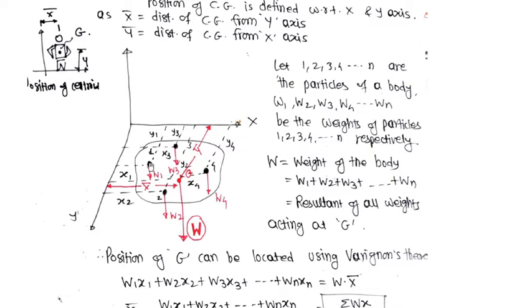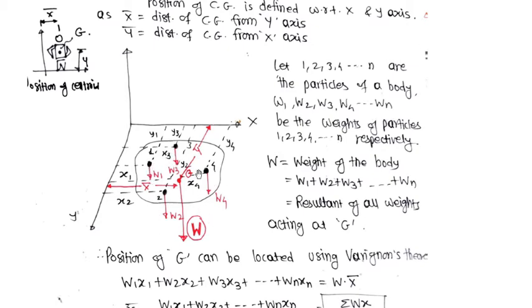For example, this is particle 1, its weight is W1 acting in downward direction. This is particle number 2, its weight W2. Particle number 3 W3, particle number 4 W4. So, all these are the weights of individual particles, and these weights are acting in downward direction.